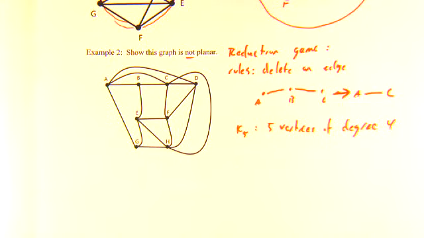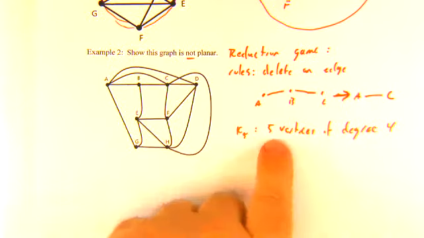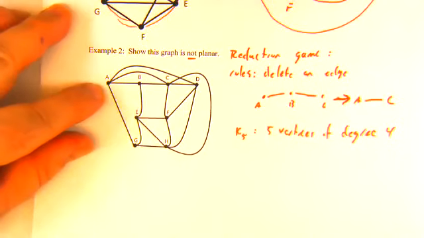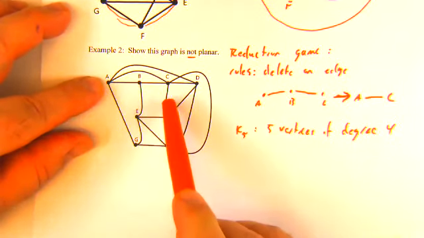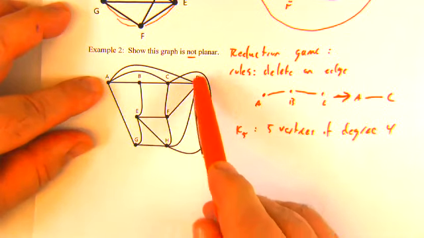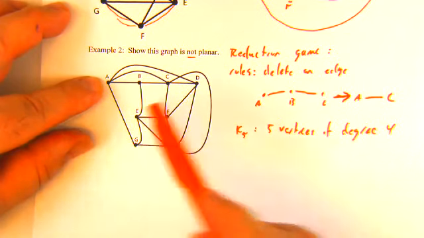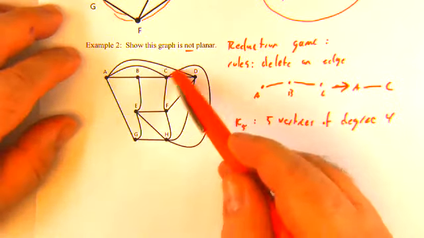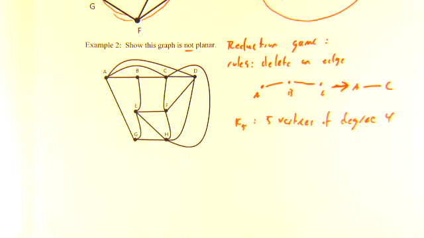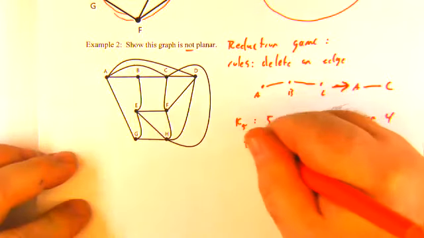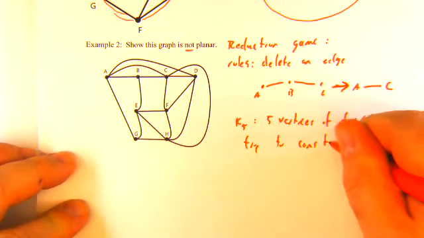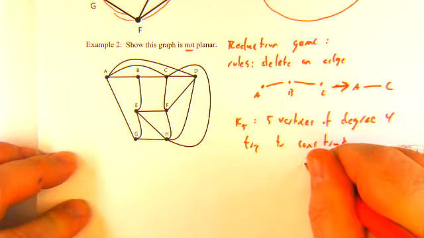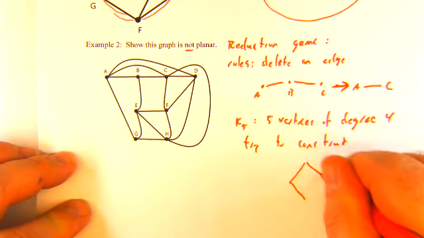So what I can't do is increase the number of edges that go into a vertex. I can't increase the degree. So if I want 5 vertices of degree 4, I better make sure I have at least 5 vertices of degree 4 here. A is degree 4, C is degree 4, D is degree 4, F is degree 4, E is degree 4, H is 1, 2, 3, 4, 5. C is also degree 5, isn't it? So I've got plenty of vertices of degree 4, so I can try to construct. So my goal would be to try to construct this, which is going to be a terrible drawing.